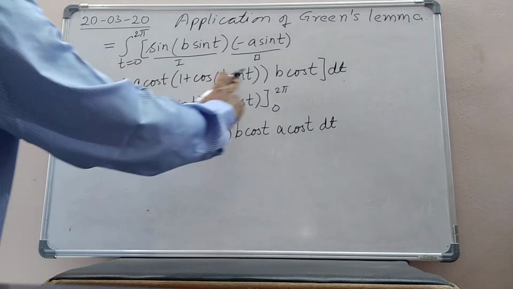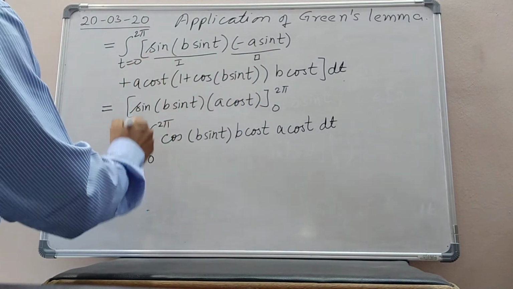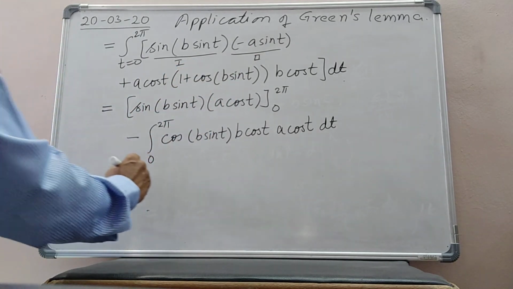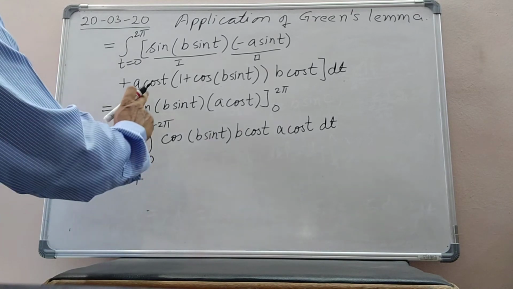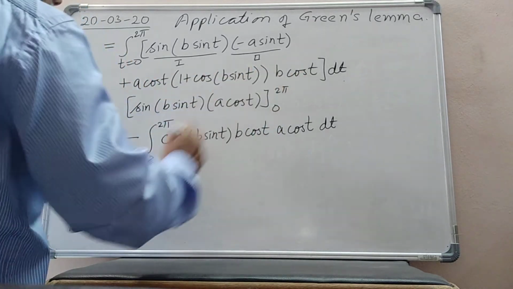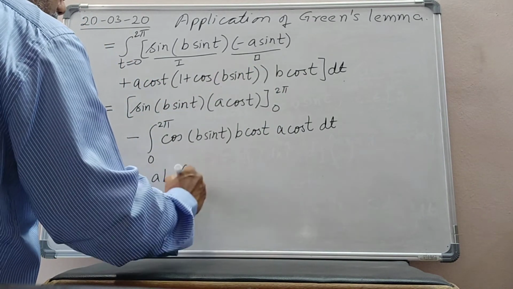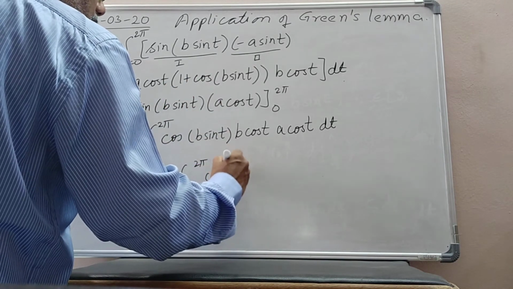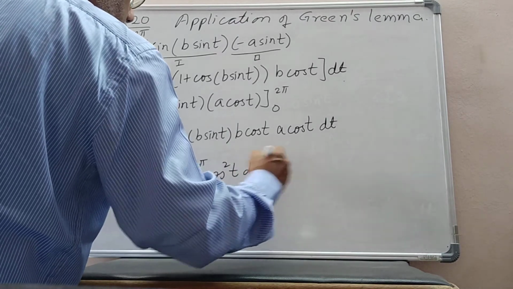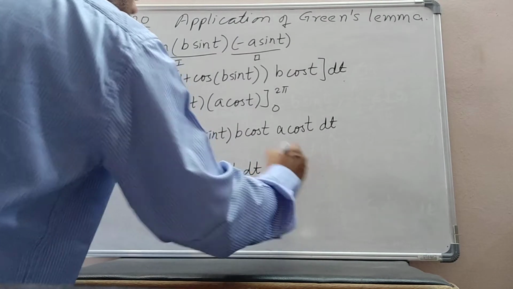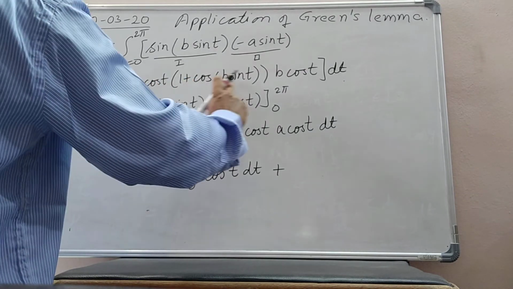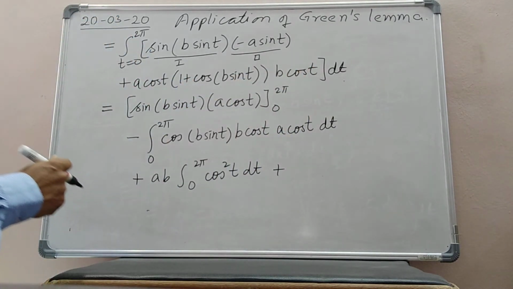What about this term now? Now I will write it by splitting it into two integrals, plus a cos t into b, so plus ab times the integral 0 to 2 pi of cos square t dt, plus what remains, this into this into this.